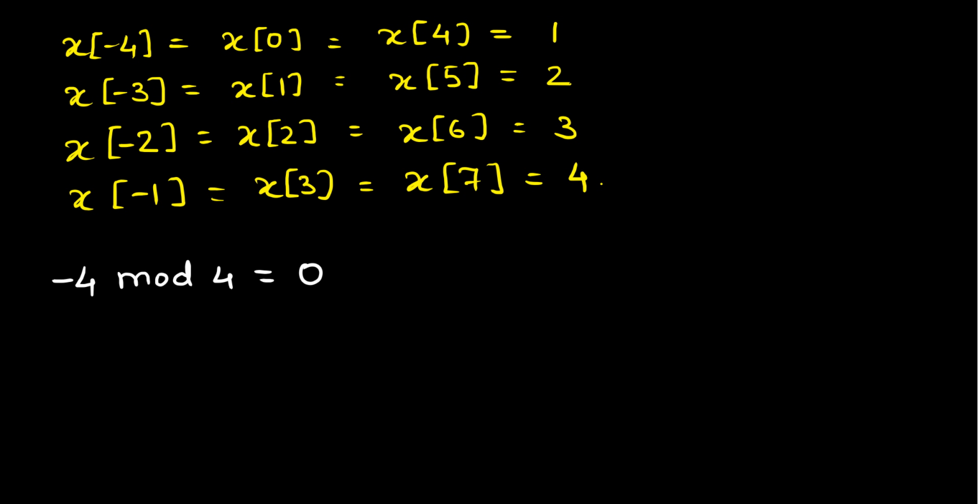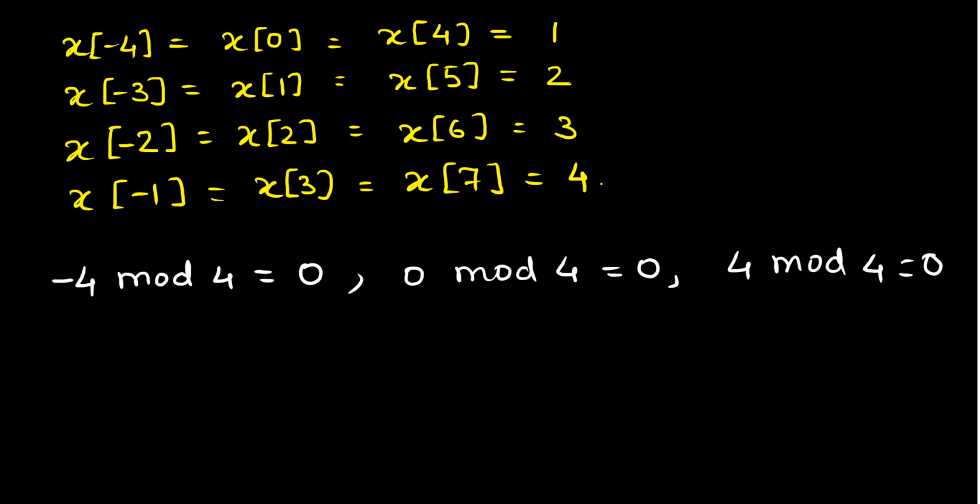Similarly, 0 mod 4 is again 0, and 4 mod 4 is again equal to 0.